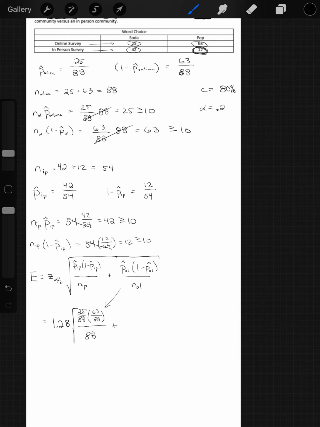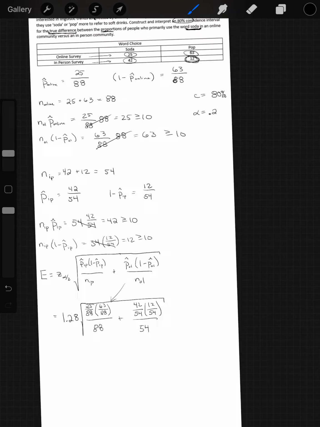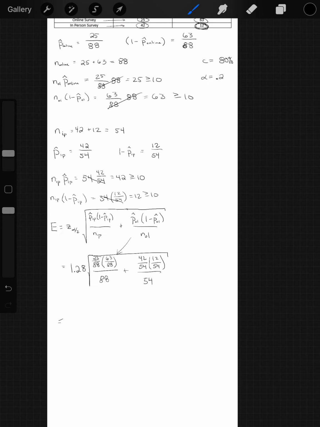Those are all online numbers, so we're fine. So the in-person ones, and I take the square root of that whole thing.